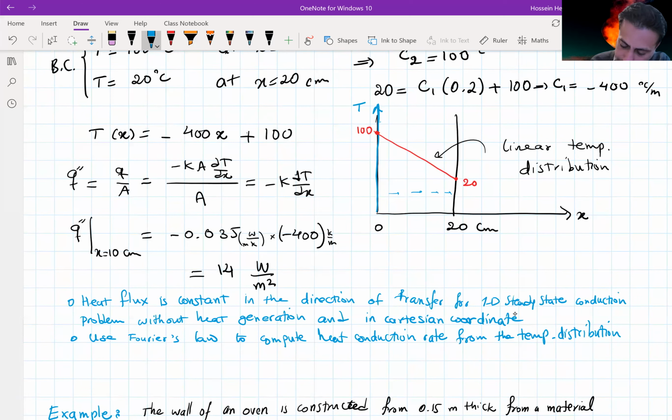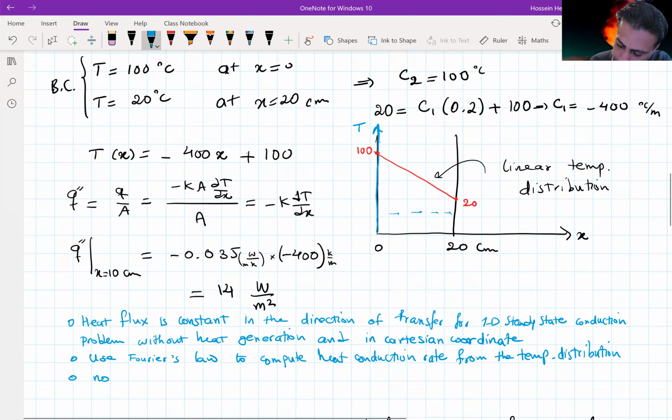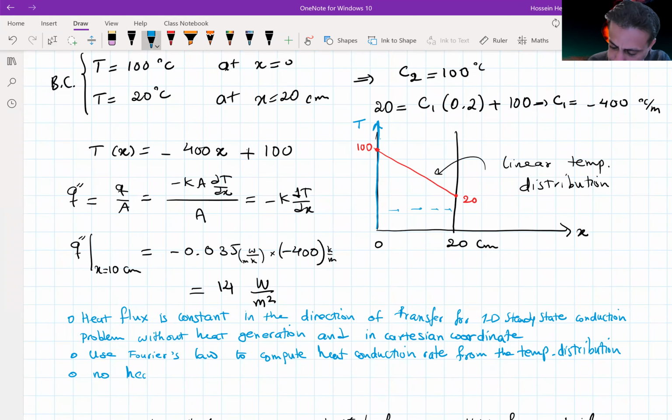And the other one is no heat generation, which in accumulation means Q in equal to Q out.